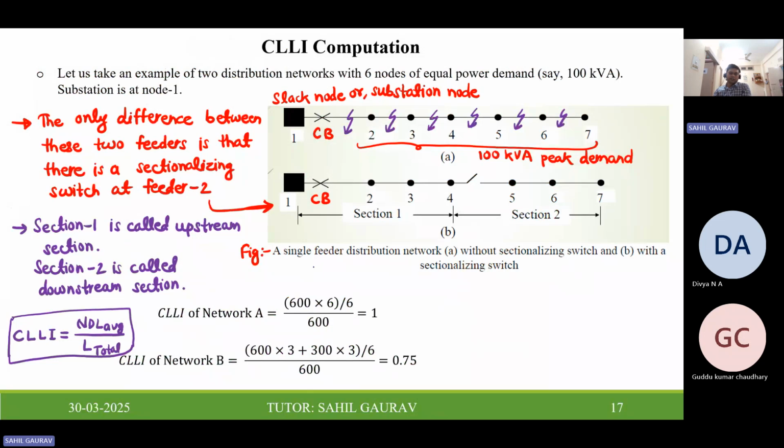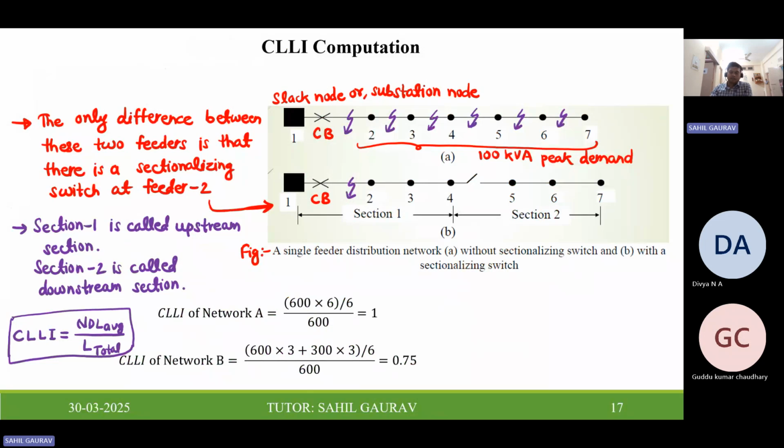Now if we see this feeder, network B, for this part, if a contingency happens at this line, then 600 kVA load demand will be interrupted, meaning all the load demand will be interrupted.